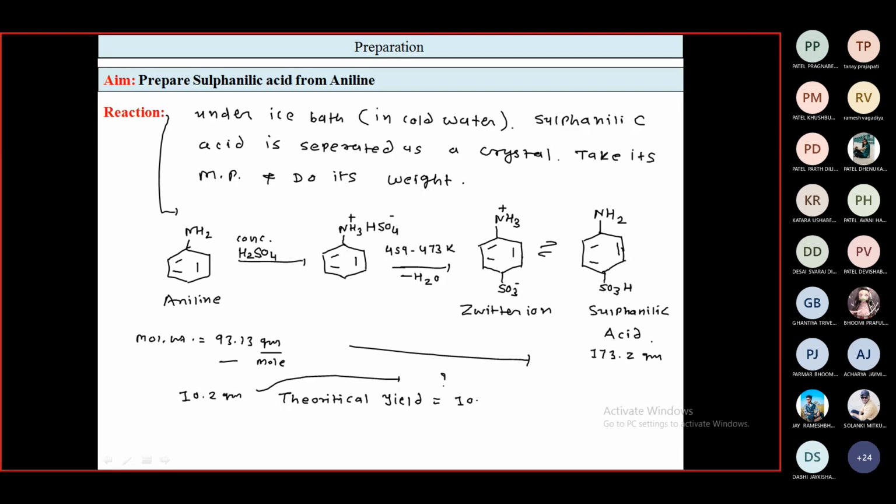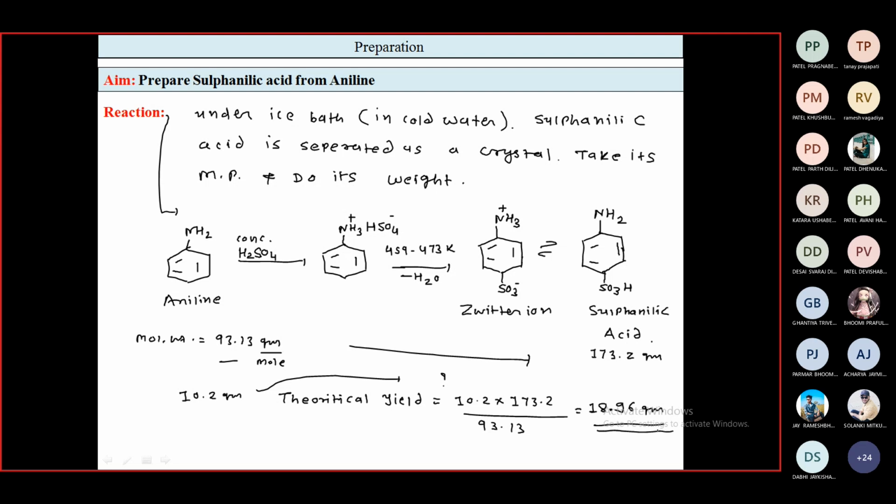It is 10.2 into 173.2 divided by 93.13, so your answer becomes 18.96 gram.